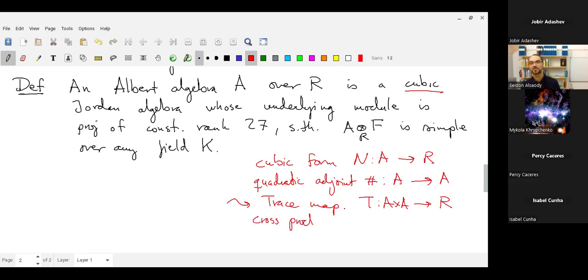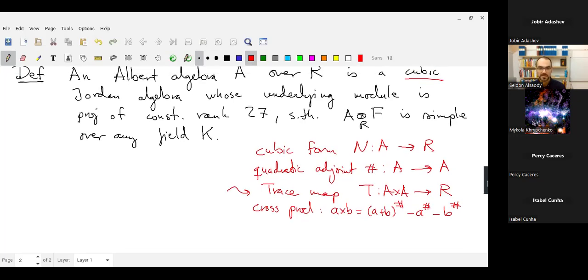The trace map comes from linearizing the norm. The cross product, A cross B, is the linearization of the quadratic adjoint. So it has all these structures. These maps satisfy certain compatibility conditions, and with the help of those, one defines the multiplication to get the Jordan algebra. This might seem a bit tedious.